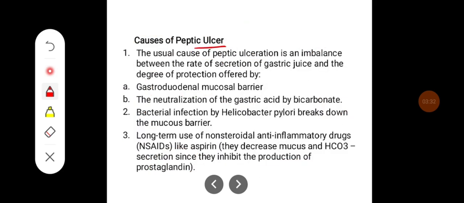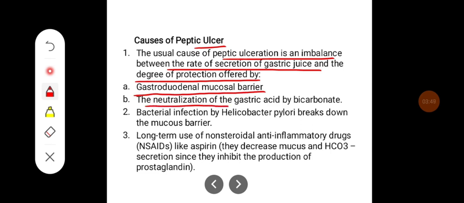Causes of peptic ulcer. The usual cause of peptic ulceration is an imbalance between the rate of secretion of gastric juice and the degree of protection offered by the gastroduodenal mucosal barrier and the neutralization of the gastric acid by bicarbonates. Then bacterial infection such as Helicobacter pylori breaks down the mucus barrier. That is another cause.